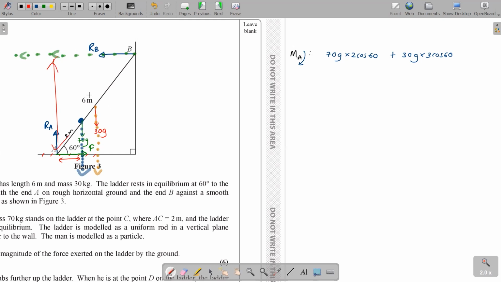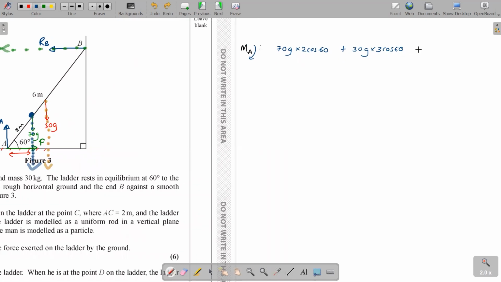How much is it? 6 sine 60. Equals to 0. Now what do we do? Make R the subject.